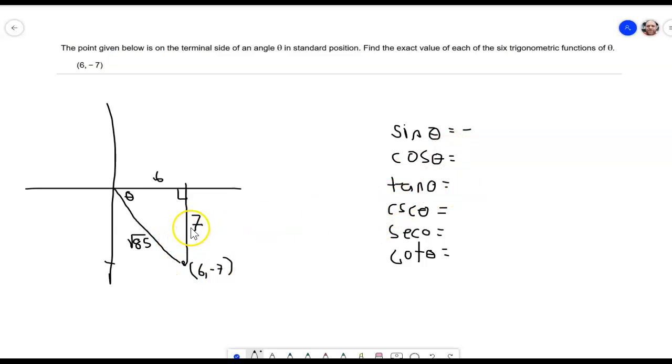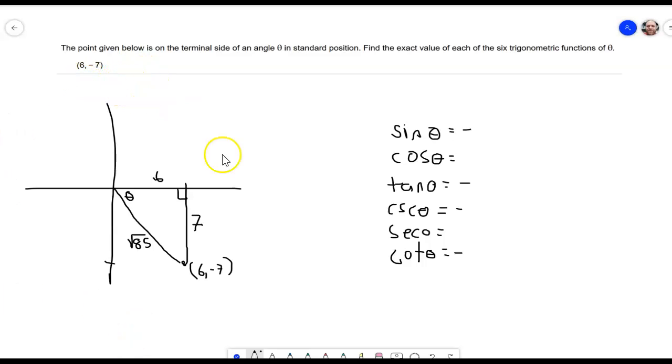Because it's going to be negative divided by a positive, so negative. Cosecant is going to be the same as sine, because this is 1 over sine, so that's a negative. Secant, that's just 1 over cosine, so that'll be a positive. And cotangent will be a negative. So we'll have 4 negatives and 2 positives. So go ahead and get those signs out of the way so that we don't have to even worry about those. Now, we can just go through.